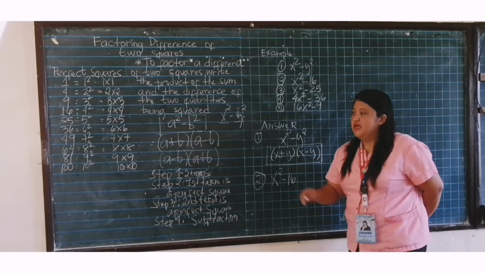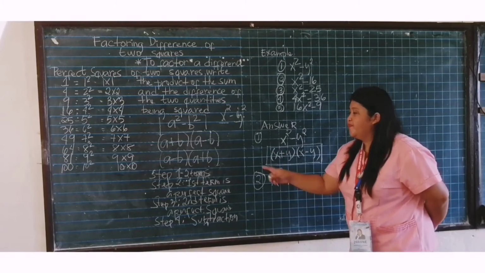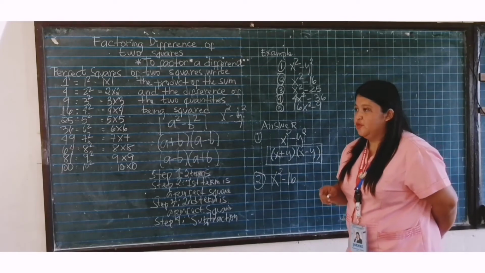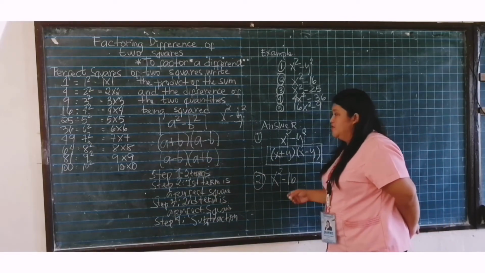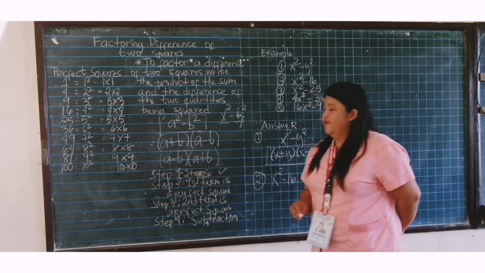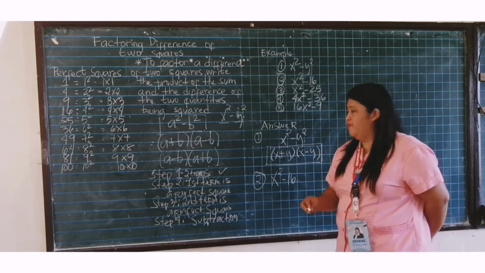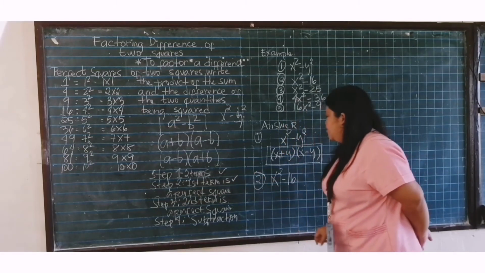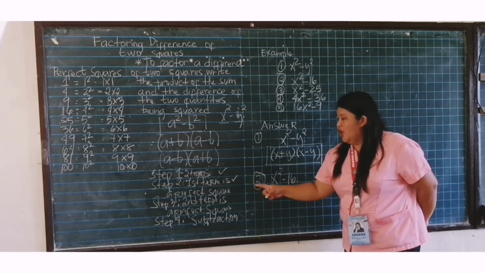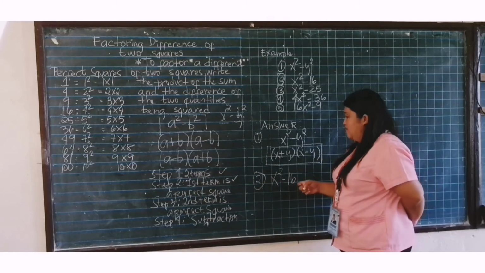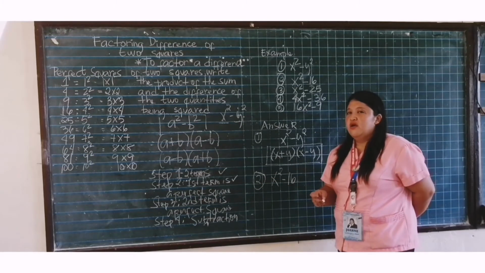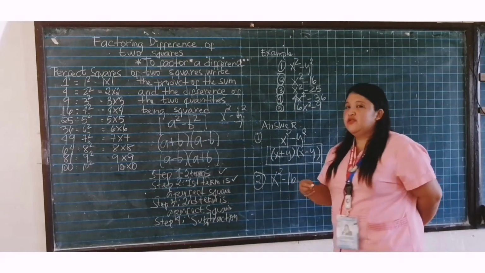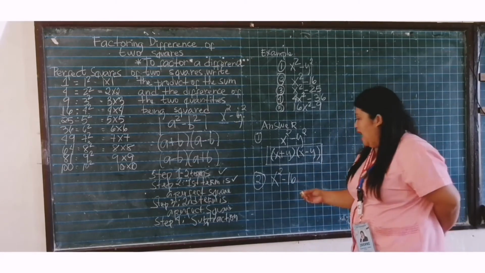How about our example number 2, we have x squared minus 16. First, the given expression must have two terms. So again, we have 1 and 2. So this is check. For step 2, the first term must be a perfect square. Is x squared a perfect square? Yes. So it is again check. Next, the second term is a perfect square. Is 16 a perfect square? Yes. We can write 16 in exponential form as 4 squared.